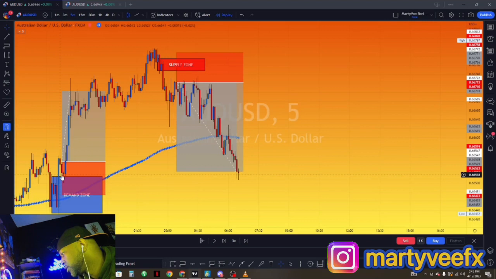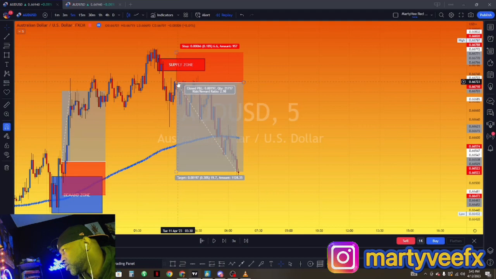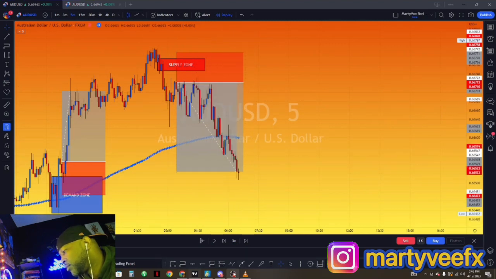It was an Asian session. So price shot up, kept going up till it was high, and then it started to drop. So when it dropped, it gave me a supply entry, an aggressive entry at that, and you just went on down, minimum pullbacks, all the way to my take profit.